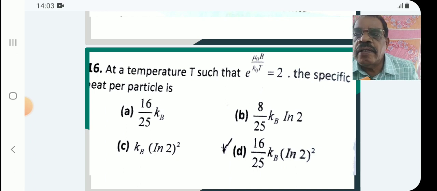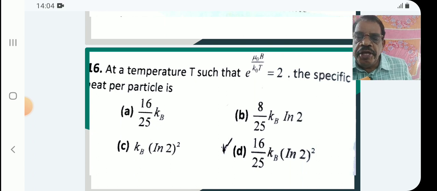At a temperature T such that e raised to mu 0 B by kBT equals a given value, the specific heat per particle is: 16/25 kB, 80/25 kB, log natural 2 kB, or 16 by 25 kB into the natural logarithm of 2 squared.